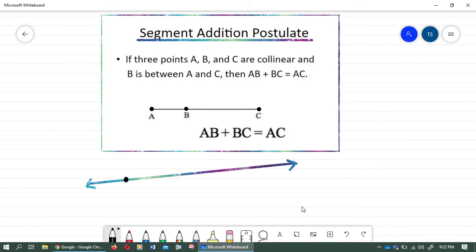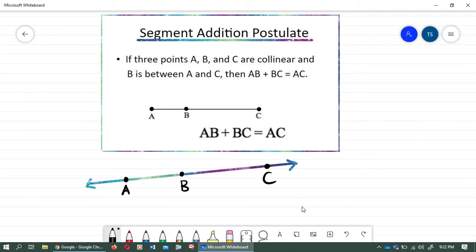Anywhere on that line, you got 3 points. 1, 2, 3. Points A, B, and C are on that line, and it says point B is in between. So the point in between is point B. Point B is in between points A and C. So you got your 3 points on the same line.